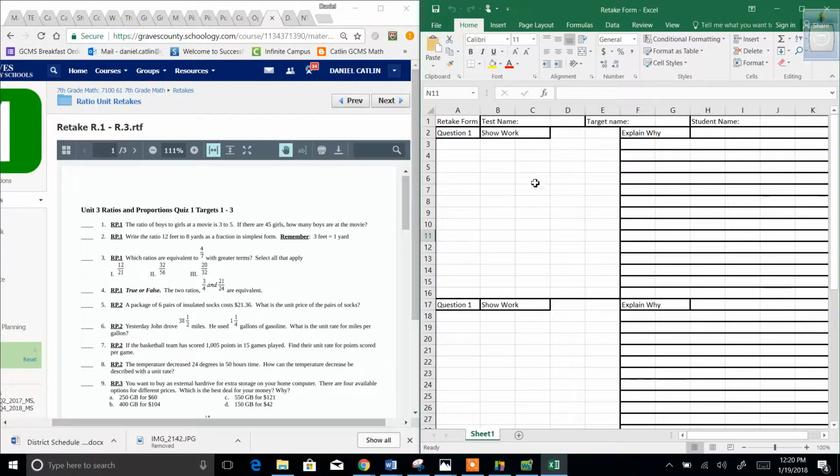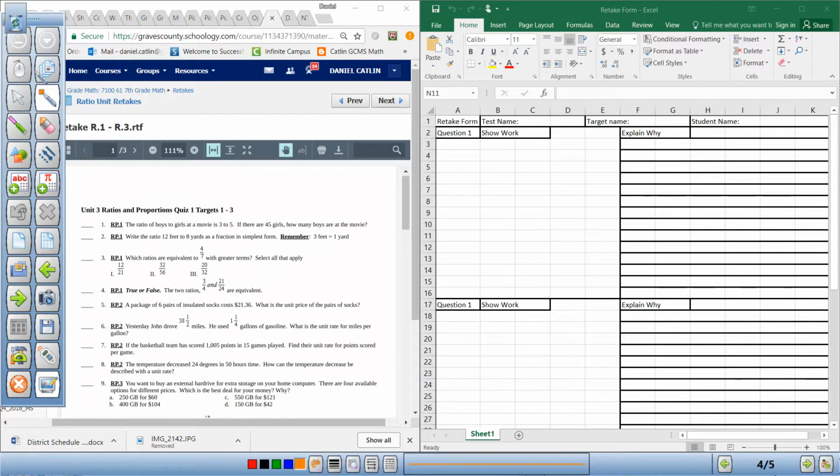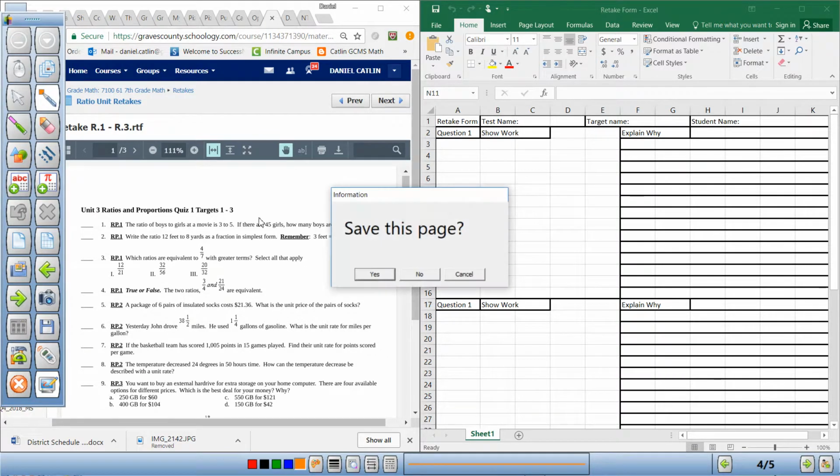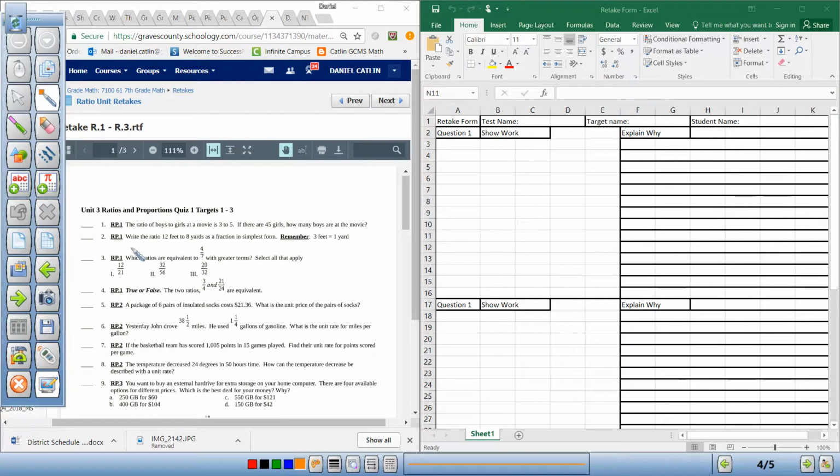Okay? So let's say I was going to fill this out as an example so you can see what this looks like. Let me move this over here and get my handy dandy pencil so I can write. Alright, so RP1, let's say we're doing that one. When you fill out the form, you would put the test name.